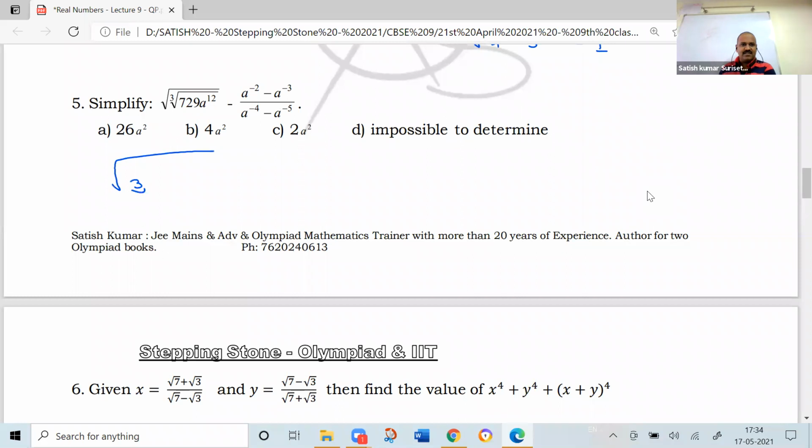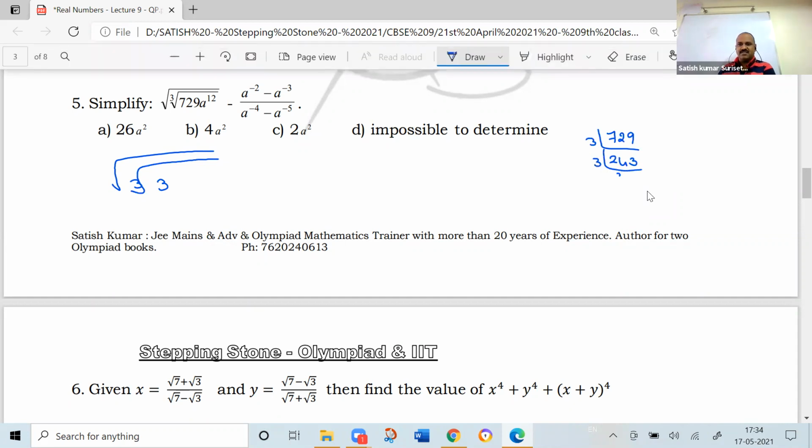Square root of cube root of 729. 3 to the power of how much? Three to the power 6.